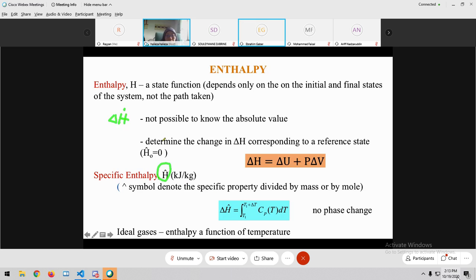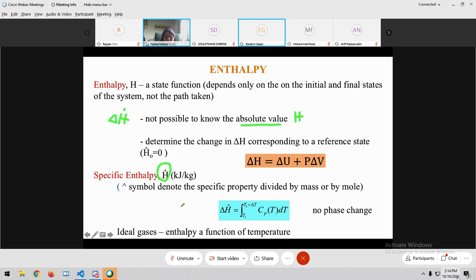So delta enthalpy is the difference between two conditions. It's not an absolute. You cannot get just enthalpy on its own. There's no absolute value. You need to get the difference.